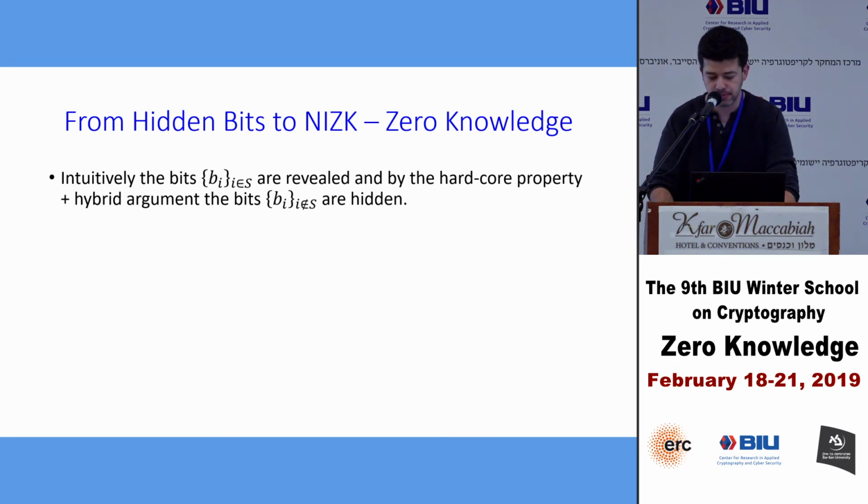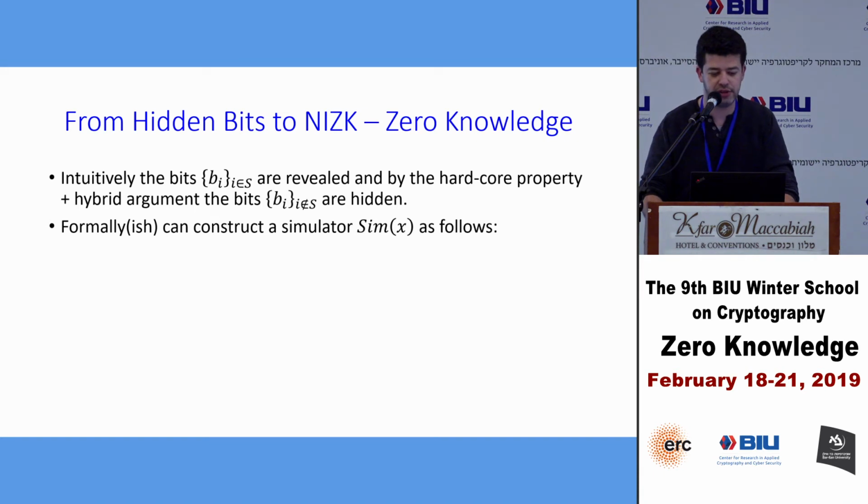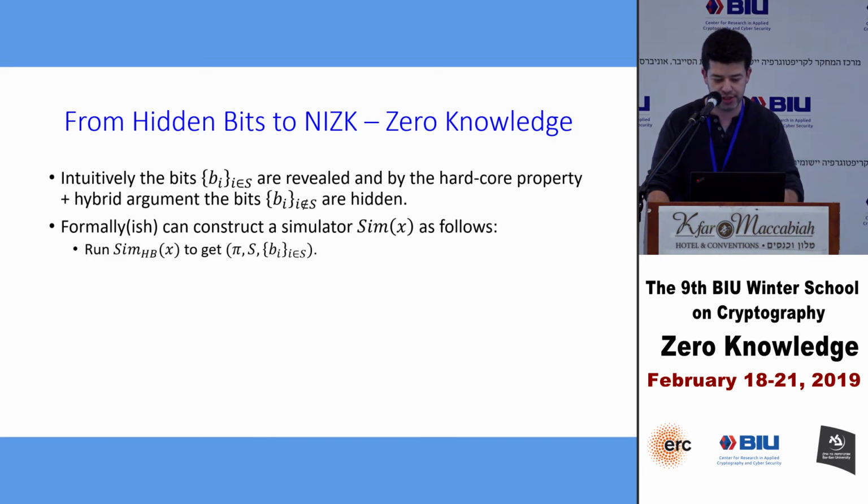The proof crucially uses that. Let me describe the simulator pretty formally. I won't go through the entire argument of why the output of the simulator is computationally indistinguishable from a real interaction, but it basically relies on a combination of the hardcore bit property together with the zero knowledge of the hidden bits proof system.